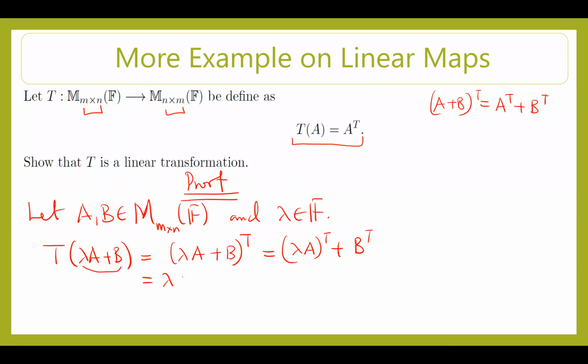So I have lambda A transpose plus B transpose. A transpose gives TA by the definition of the T we have here, and B transpose gives TB. And that's exactly what I need to show. So hence I can conclude that this T belongs to the linear transformations.